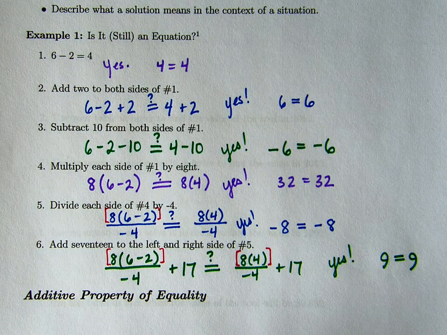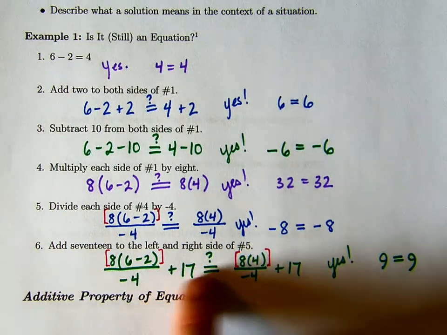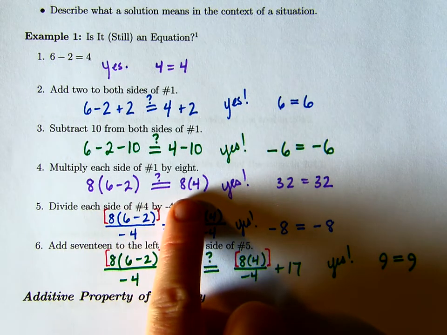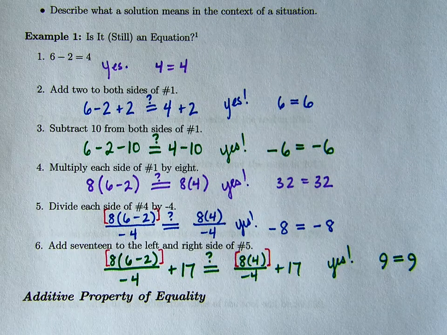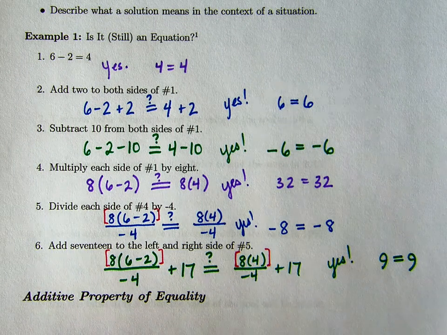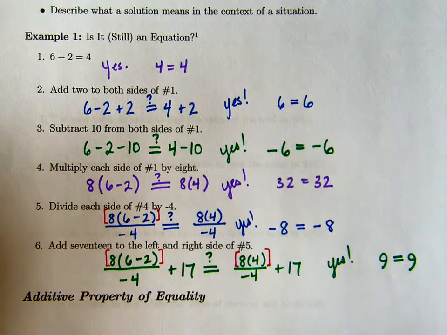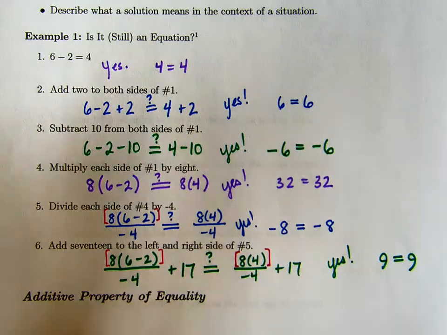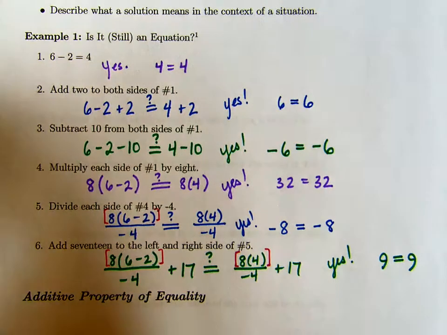Okay, so here's what's up. When we know things are equal to each other and we do something equally to both, so we add 4 to both, or we quadruple both sets of equal value, or we add 17 to 2 sets of equal value, then they still have equal value.